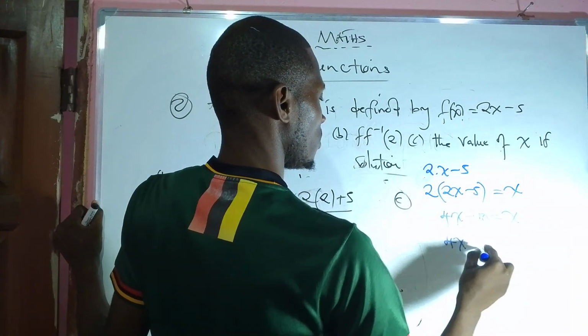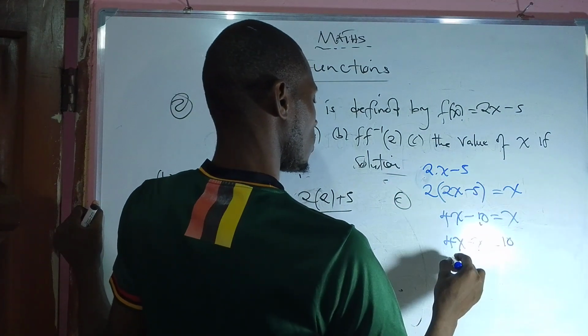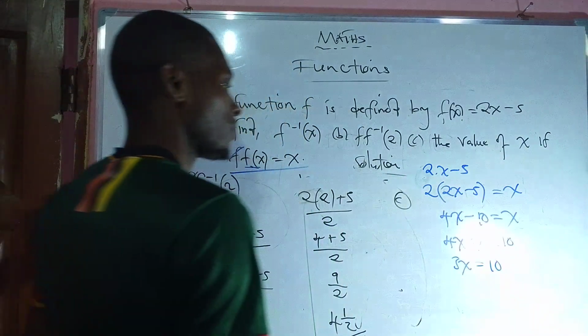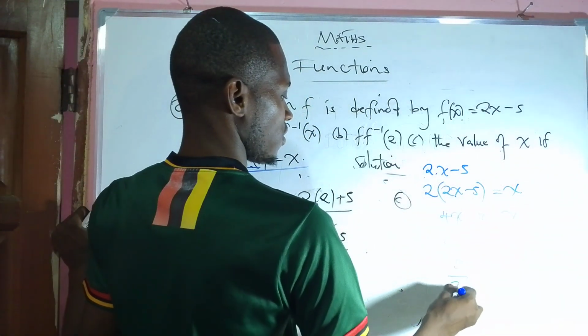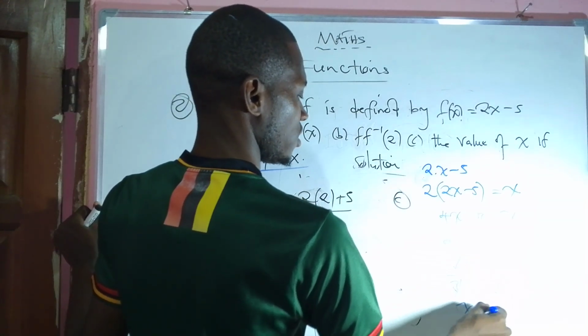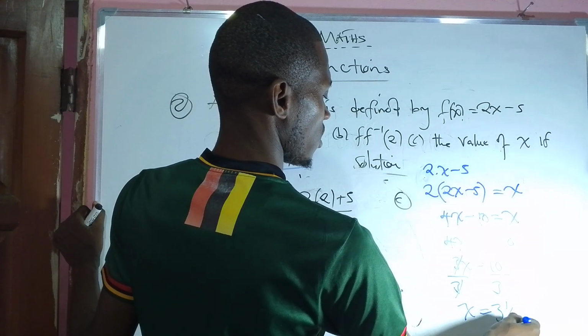Then when you subtract, 4x minus x will get 3x, which is equal to 10. So of course, divide by 3. So x is equal to 3 remainder 1, that is 3 and 1 over 3.